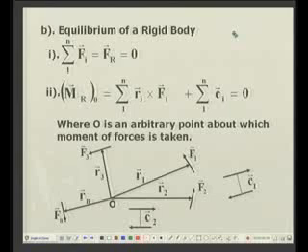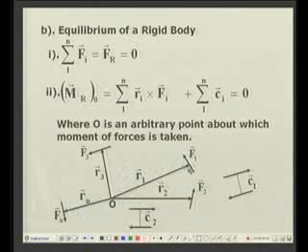Now, suppose I consider the ith force. Let us say here are different forces acting on the body. I choose an arbitrary point O in space. If I draw the position vectors to an arbitrary point on each of the forces F1, F2, etc., the position vectors are R1, R2 up to Rn.